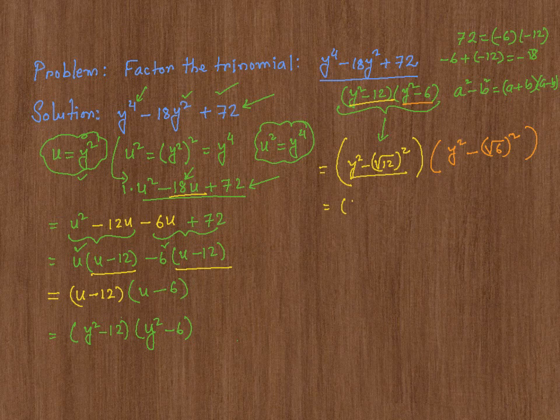So it's going to be y plus square root of 12 times y minus square root of 12, and then the second factor I could write as y plus square root of 6 times y minus square root of 6, and that's what it is. But you don't have to go this far. So long as you get to this point, that's good enough.